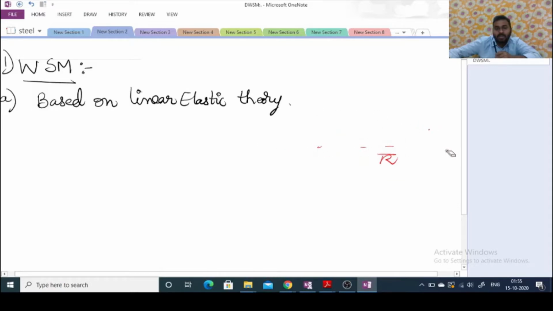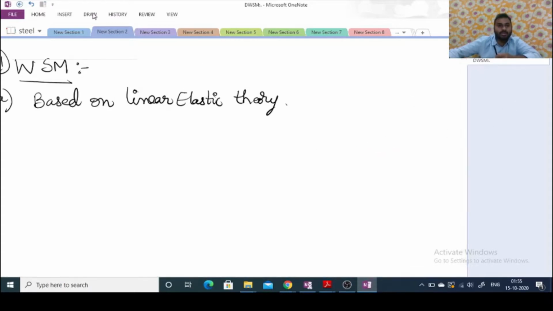Now if you observe the design criteria in this method, the design criteria for this method is the second point.